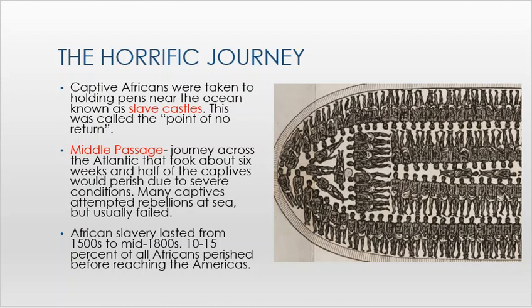And this was considered the point of no return. They'd hold them there, and then that's where the Europeans would take over from there. They would bind them, and they would put them on a ship. And that's known as the Middle Passage.